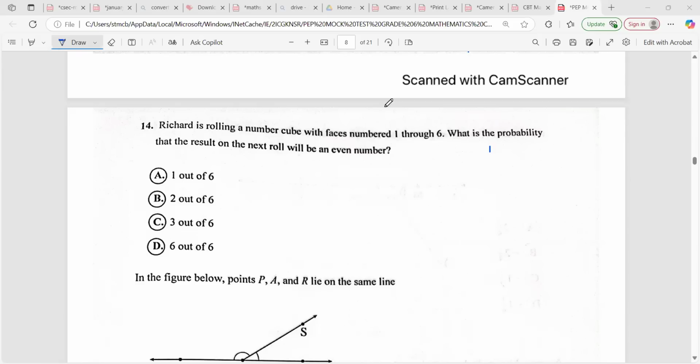It could not be 2 out of 6 because 2 is not a half of 6. It would be 3 out of 6 because 3 is a half of 6, or 50%. And it could not be 6 out of 6 because that's a whole. Okay, okay. What's the answer?